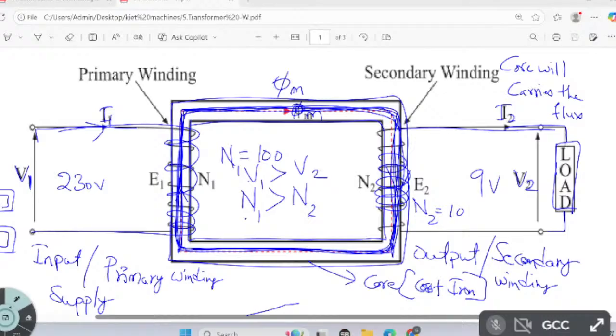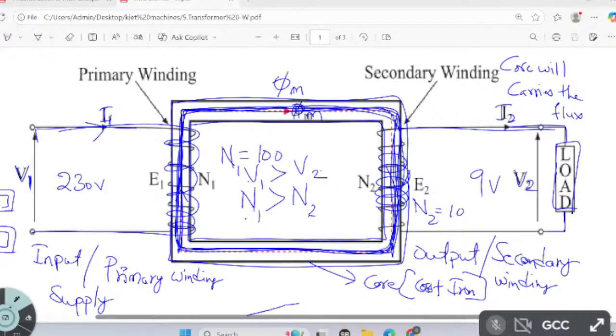V1 is different, V2 is different, I1 is different, I2 is different, but phi m is the same. Currents are not common: I1 is not equal to I2, V1 is not equal to V2. So that is the function of the core.